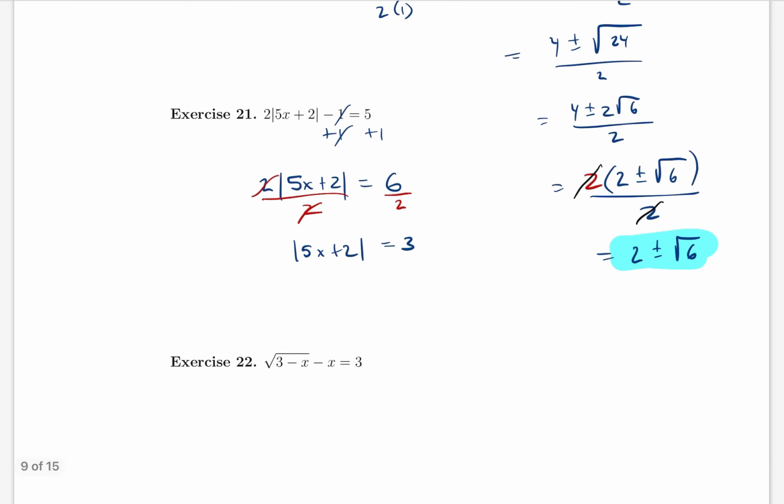So once you've isolated the absolute value, then you can split up the equation into two separate equations. One equation would be 5x plus 2 equals +3. The second equation would be 5x plus 2 equals -3. And that's just by definition of absolute value. That's what you're supposed to do. So I'll solve for x for both of these equations, and that is it.